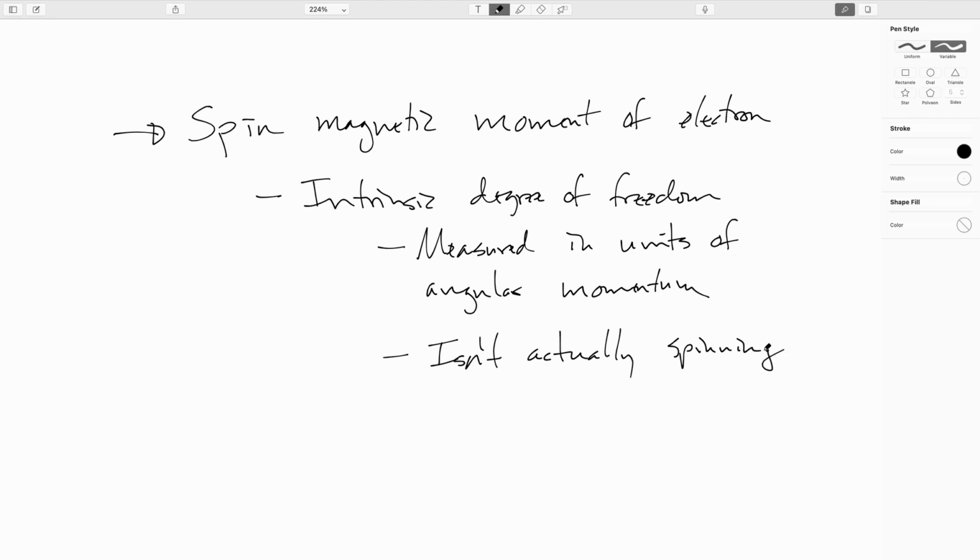Very careful electron-electron scattering experiments that were meticulously spin polarized, which would show up differences in scattering if the things were actually spinning around, are suggestive that it isn't actually spinning. There's something else going on, and it's an inherent property of the electron. Now, because this has an electric charge, we wind up having an inherent magnetic moment associated with this.